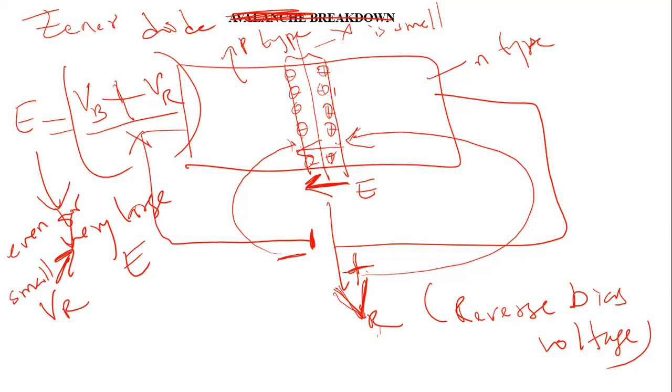Now, that large electric field across the p-n junction diode will be such that under such a sufficiently large amount of electric field, it will have the strength to break down the covalent bonding. It will have the strength to pull out electrons from the covalent bonding.